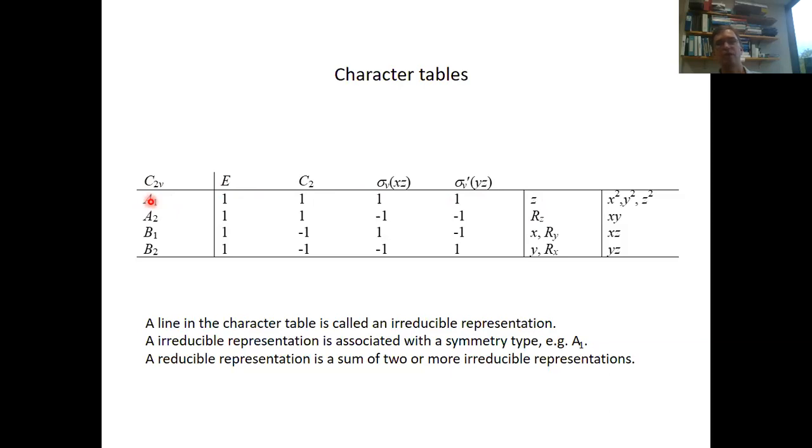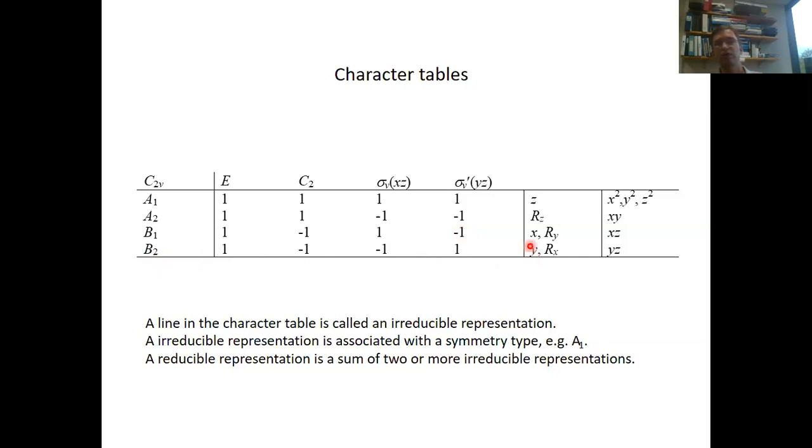Now, for example, you would find the coordinate x in this row associated with the symmetry type B1. For B1, the characters in the irreducible representation would be 1, -1, 1, -1. These minus signs say that they change the algebraic sign of coordinate x as the symmetry operation is being carried out.